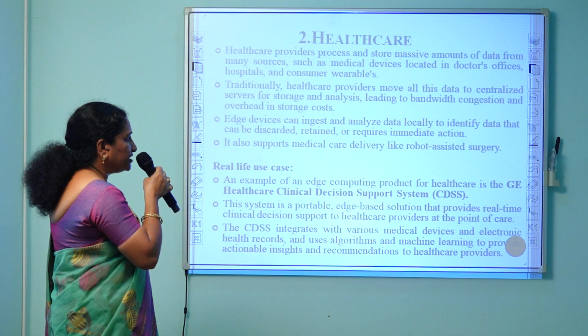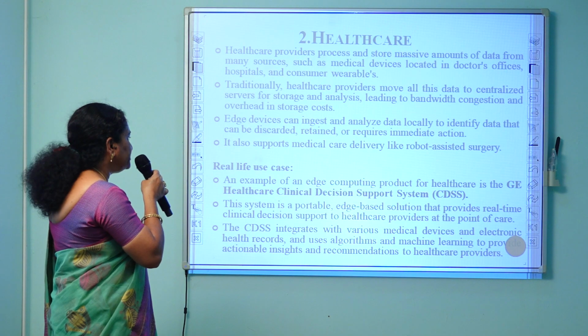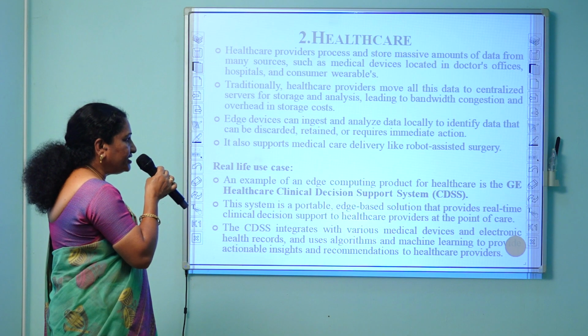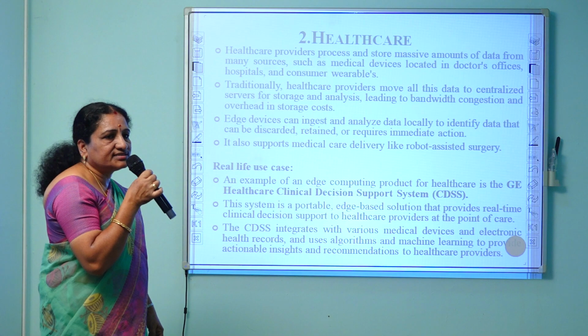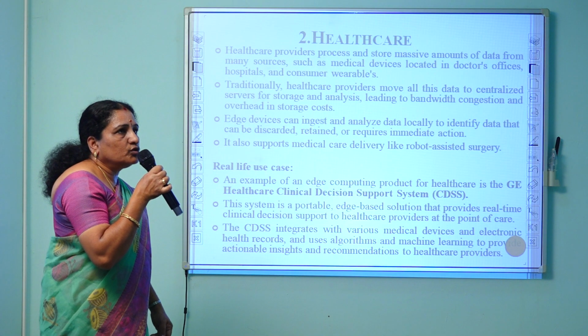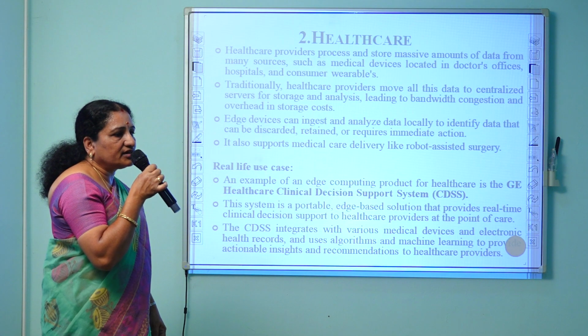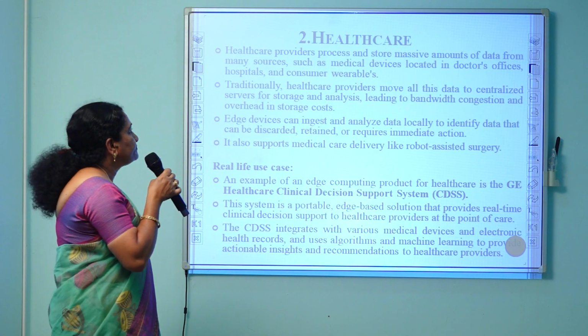An example for the healthcare department is the GE Healthcare Clinical Decision Support System. This system uses edge computing to transfer data in healthcare systems.